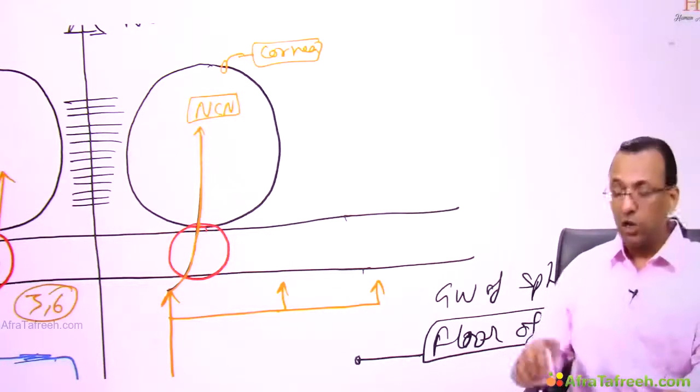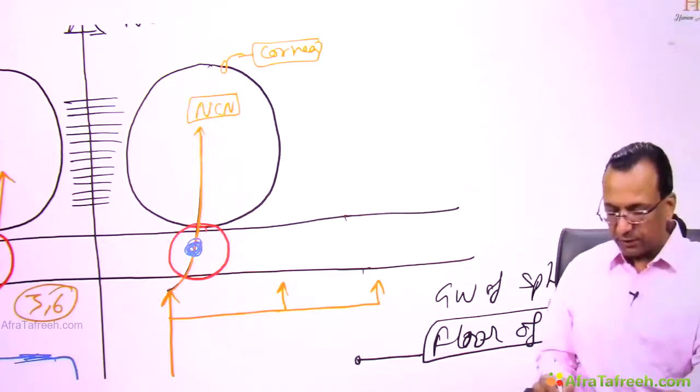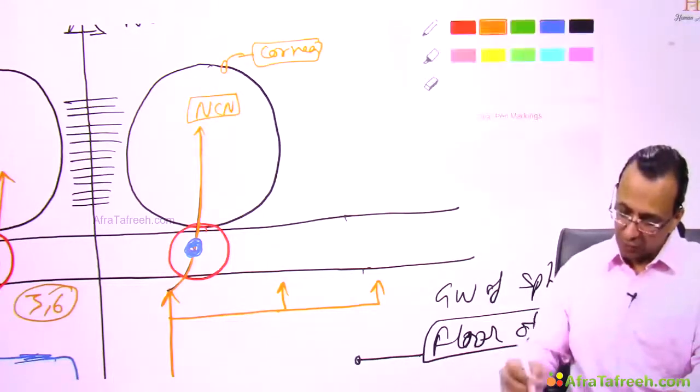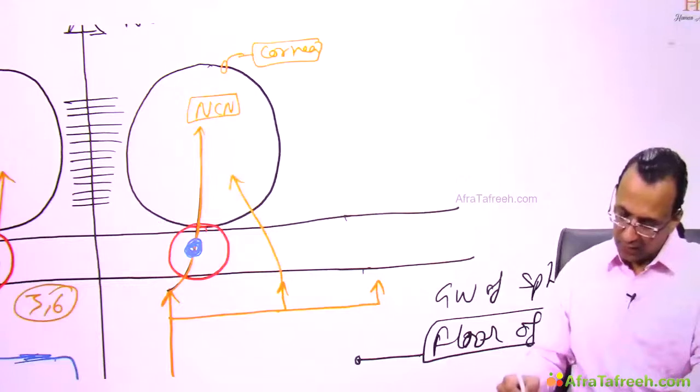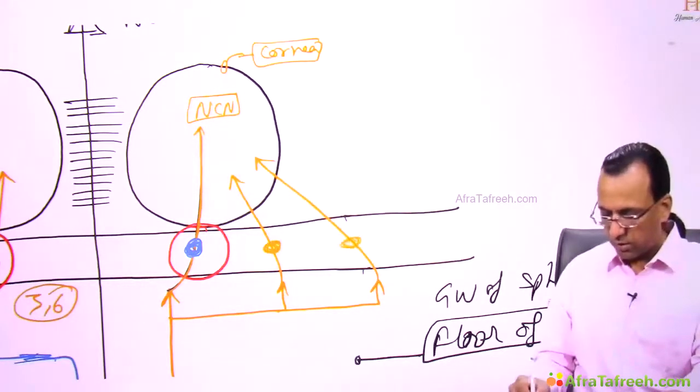It passes through the ring of Zinn. Then what about the other branches of the ophthalmic? They are outside the ring of Zinn to enter the orbit.